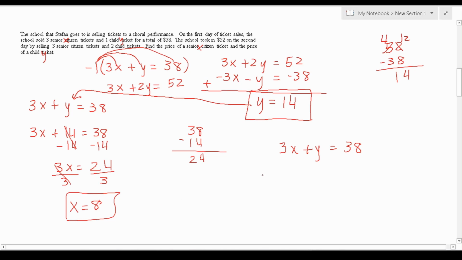Plug in x and y accordingly. 3 times 8 is 24, plus 14 equals 38. 24 plus 14 is 38. 38 equals 38, so we know that's a true statement, and therefore we know we did this question correctly. So that's that one.